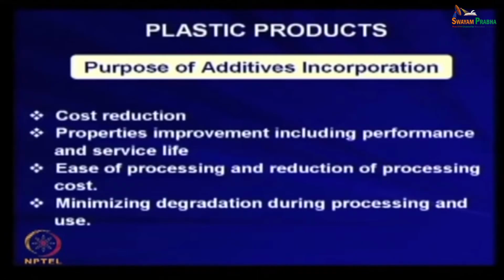Now, these words minimizing degradation mean, because these polymers actually pass through some machineries at elevated temperatures, because you know a virgin polymer, a pure polymer, its melting point is around, suppose if it is around 130 degrees or 140 degrees, then the processing temperature would be at least 170 or 180 degrees Celsius.